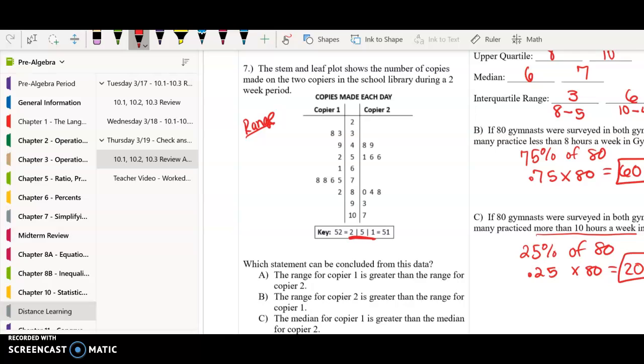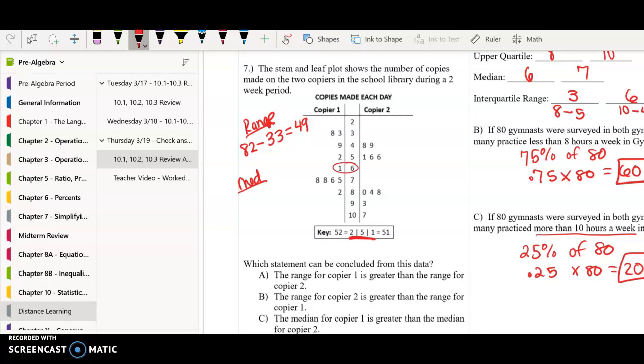So I know the range here would be 82, my largest, minus 33. So that gives me a range of 49. And then again, I want to find the median. So if I go through and count 1, 2, 3, 4, 5, 6, 7, 8, 9, 10, there's 10 data points, which means my median is going to be between, I'm going to count to number 5. So start with the lowest. 1, 2, 3, 4, 5.